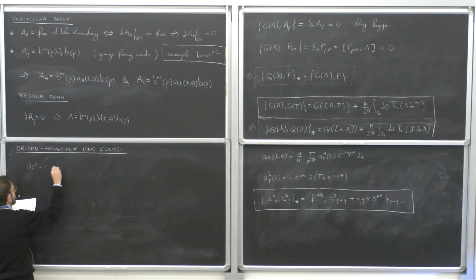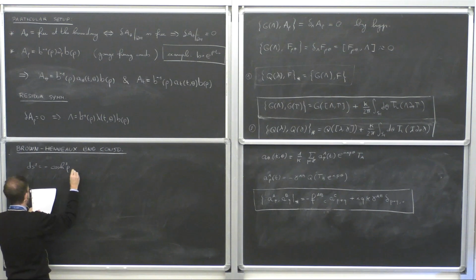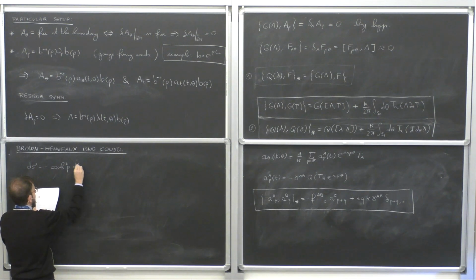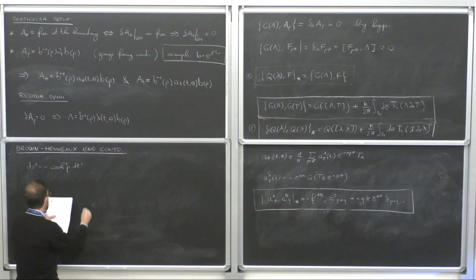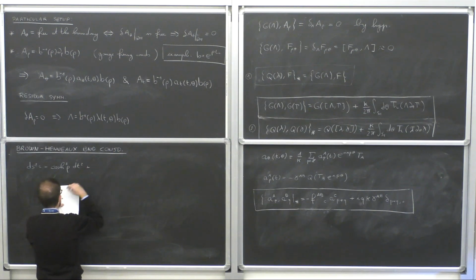The starting point is that I want to have something which is asymptotically AdS. So it looks wise to start from looking at how AdS looks in 3 dimensions. And for that, I can use a global parametrization of AdS.